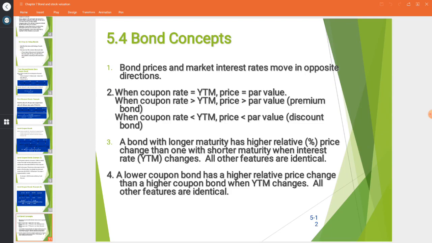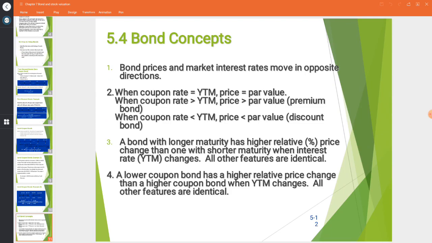How is it? Imagine that the coupon rate equals YTM. In this case, the present value of the bond will equal its face value or par value. If the coupon rate is more than YTM, in this case the market price should be higher than its par value. In this case, if the market price of the bond is more than its par value or face value, this type of bond will be considered a premium bond.